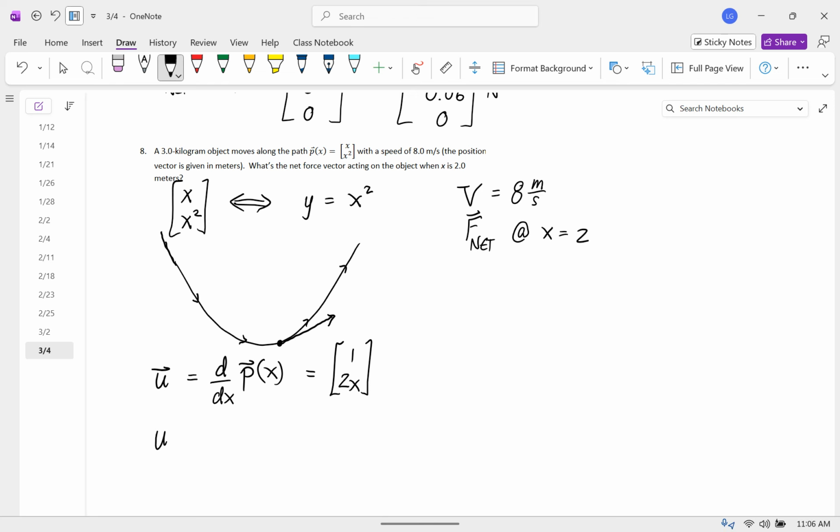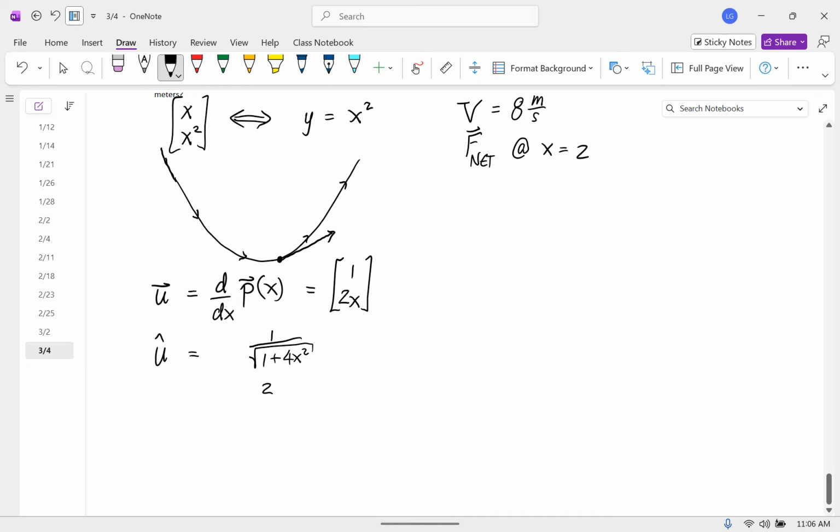Okay, so now a unit vector in this direction is, so we divide by the length. So this is 1 over the square root of 1 plus 4x squared, and then 2x over the square root of 1 plus 4x squared.